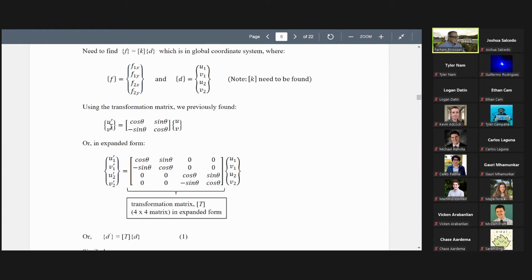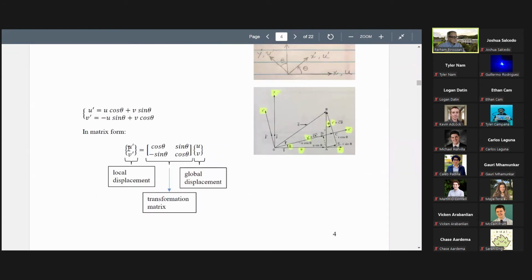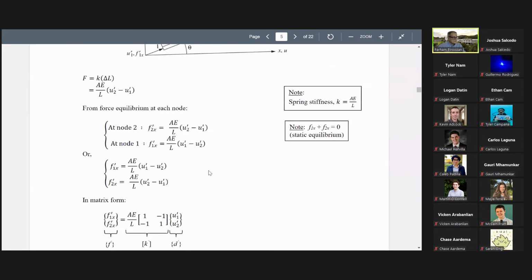Now we need to expand this. We already did this displacement. We already did the coordinate transformation. You see here, this is U prime, V prime, but we need to do this now for both nodes. It is U prime, V prime for one node, but now we can put it for the element, for both nodes.